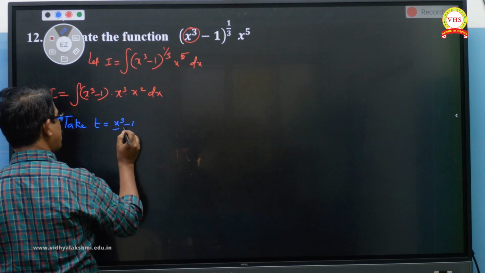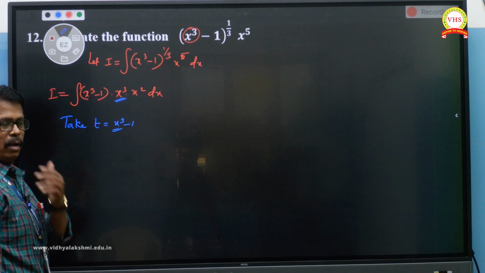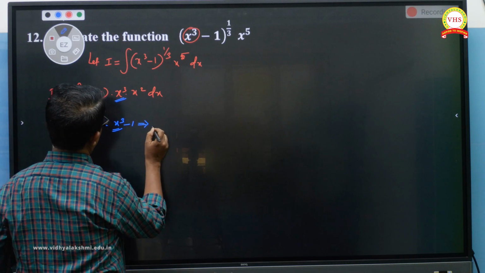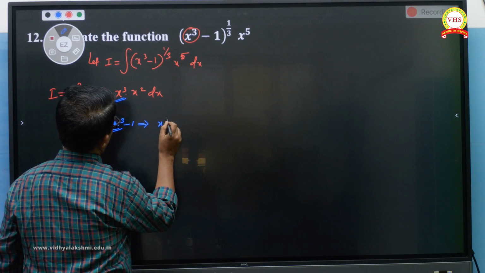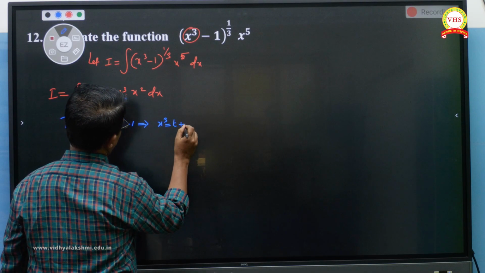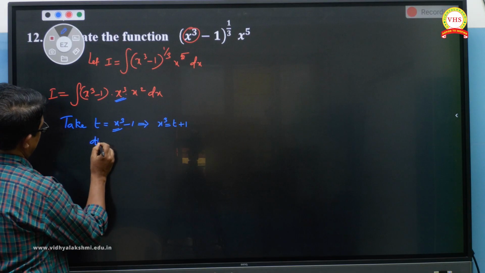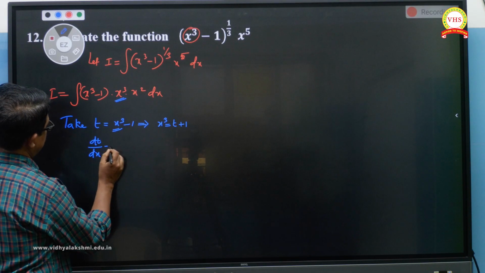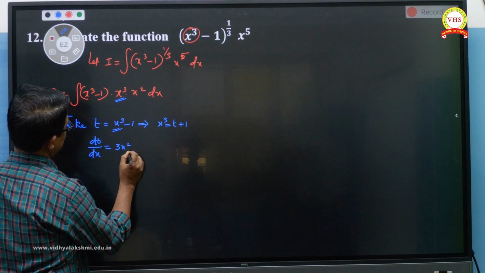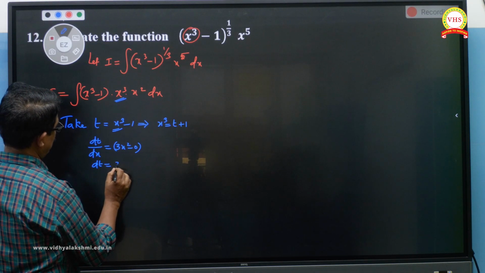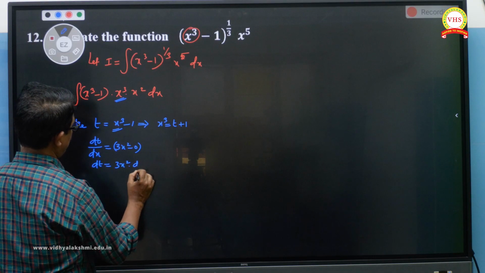Here x cube exists here also, so we need to find the x cube value. Then x cube equals t plus 1; it becomes plus 1. Now differentiate: dt by dx equals 3x square minus 0. Now dt equals 3x square into dx.